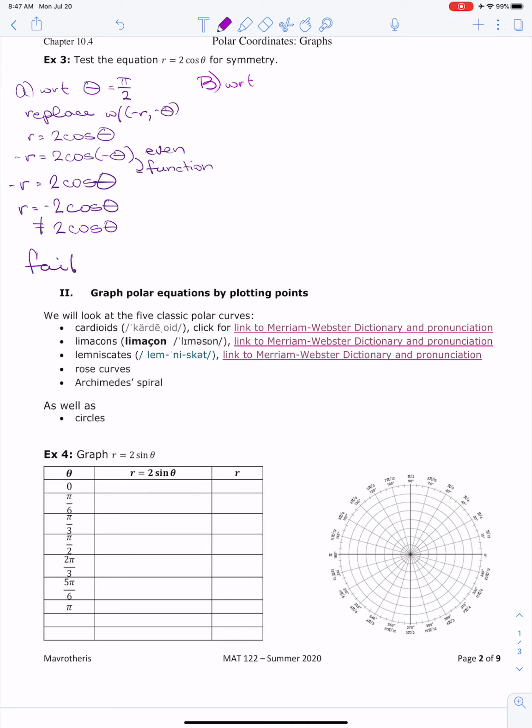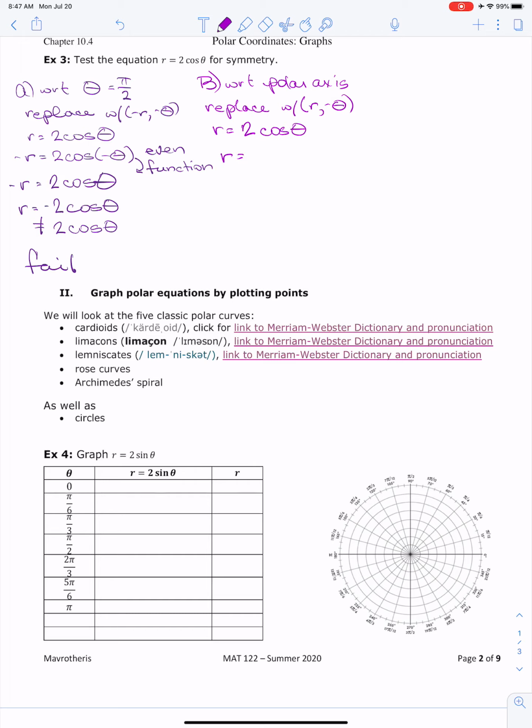So now we're going to check for symmetry with respect to the polar axis. That's our horizontal axis. And this time, we replace r, theta with r, negative theta. So I'm starting with my r equals 2 cosine theta.